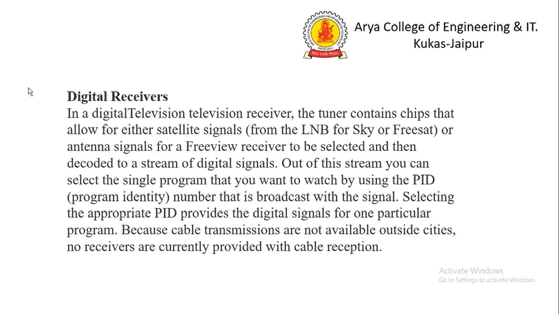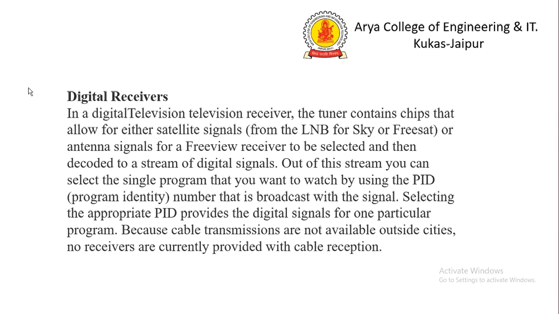Out of this stream, you can select the single program that you want to watch by using the PID, program identity number, that is broadcast with the signal. Selecting the appropriate PID provides the digital signal for one particular program.